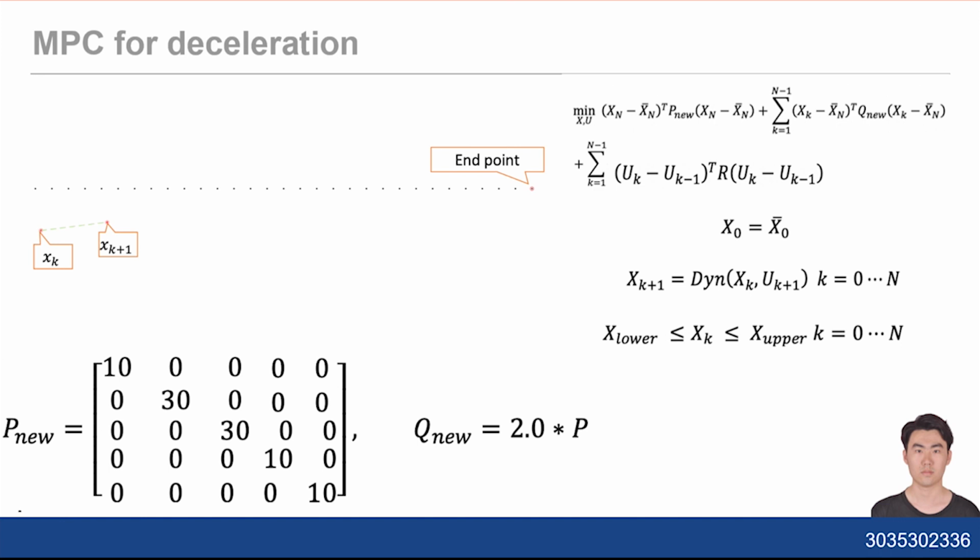But we didn't add the terminal constraint to the problem because our prediction horizon n is relatively small compared to the whole scale, so the Turtlebot can't reach the endpoint within n steps. So we just add the endpoint to the cost function.